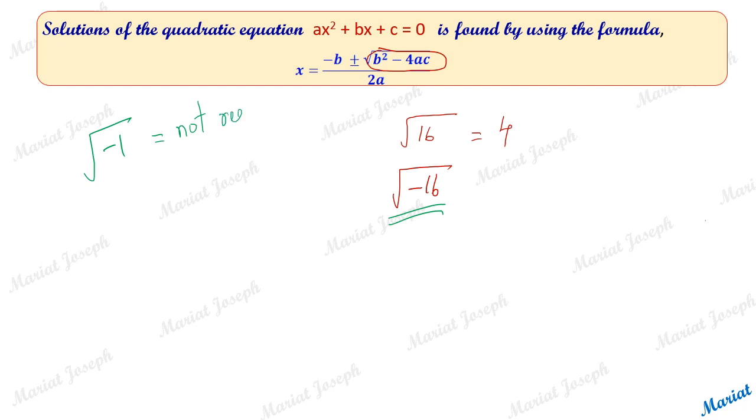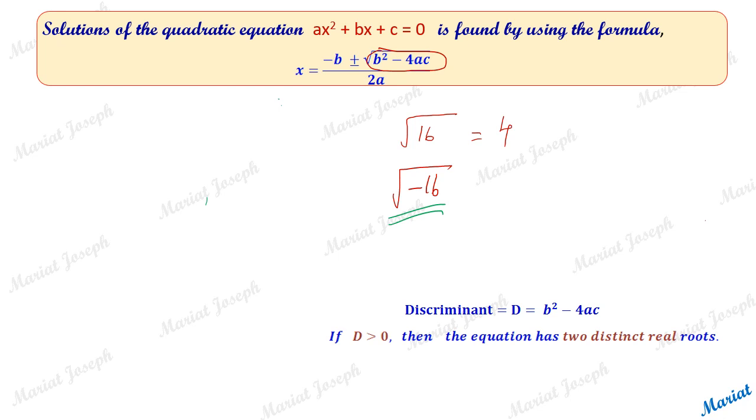But the square root of minus 1 is equal to a symbol i, small letter i, which stands for the word iota, which means imaginary. Square root of minus 1 is equal to i, based on which we are going to find the square root of any negative number, and a little detail about this new concept.